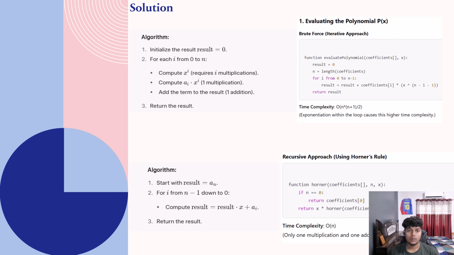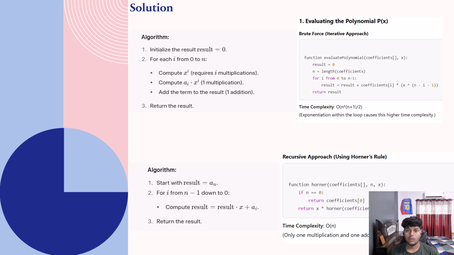Now the recursive approach uses Horner's method, which rewrites the polynomial p(x) in nested form. This nested form requires only n multiplications and n additions, bringing the complexity down to O(n).